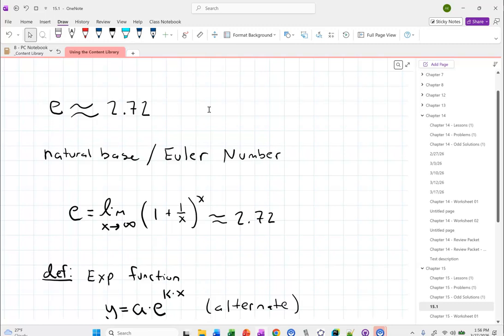It's a little bit of a sidetrack to do it now. But we define E as the limit as x goes to infinity of (1 plus 1 over x) to the x. And that's where that number comes out of. We'll talk about the significance of doing that and why this number is really important and representative, but we're going to get to that later.